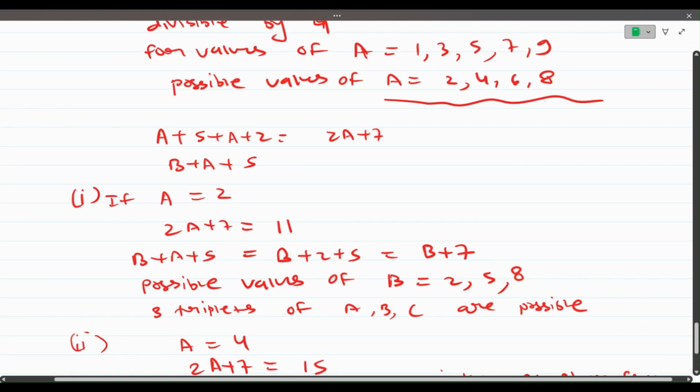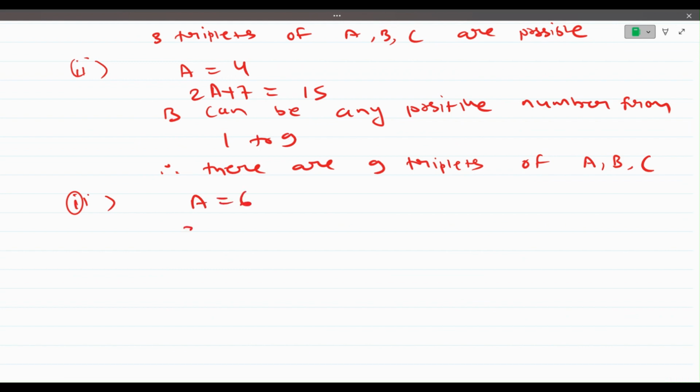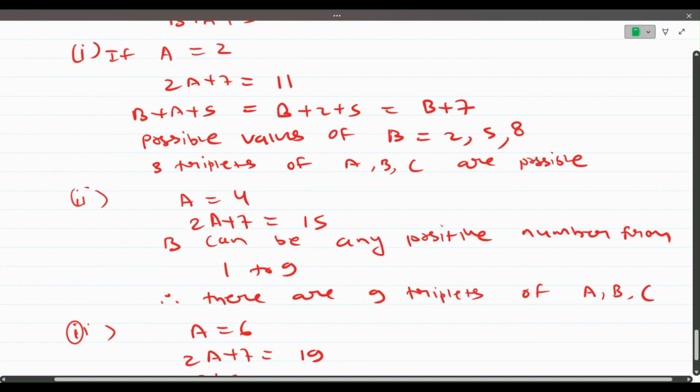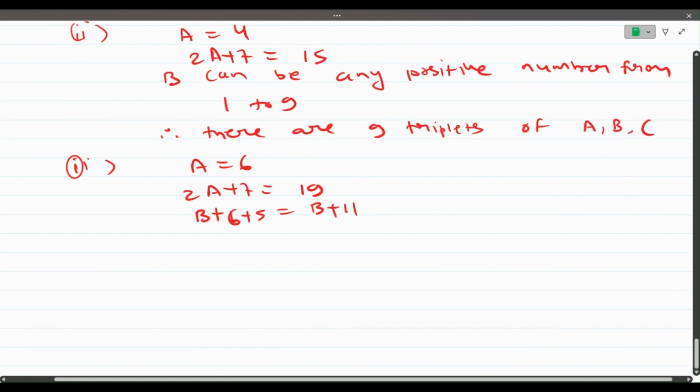Now if A is 6, then 2A plus 7 would be 19. And B plus 6 plus 5 is B plus 11, because at least one has to be divisible by 3.